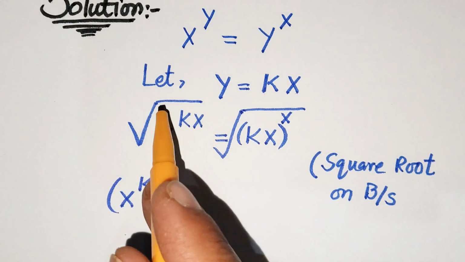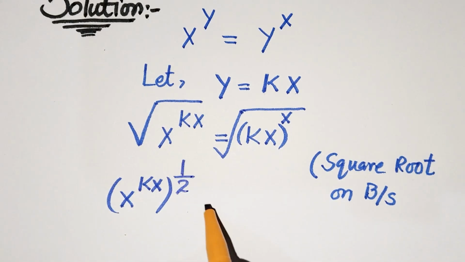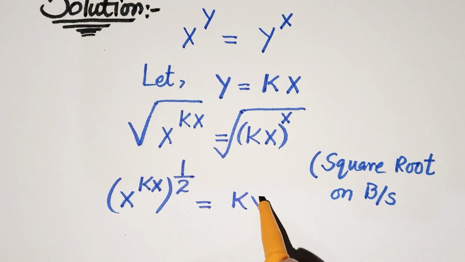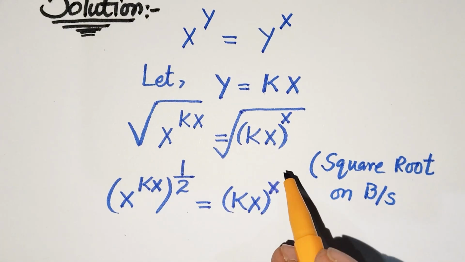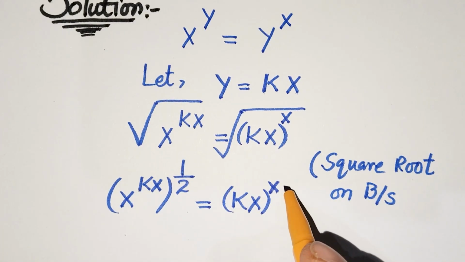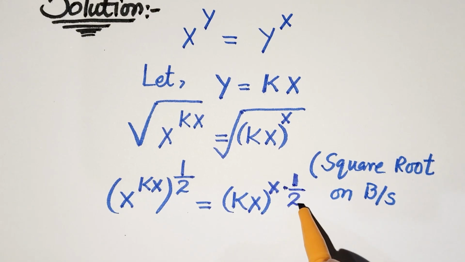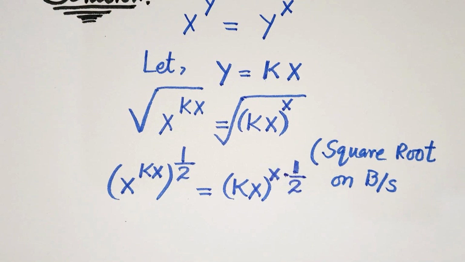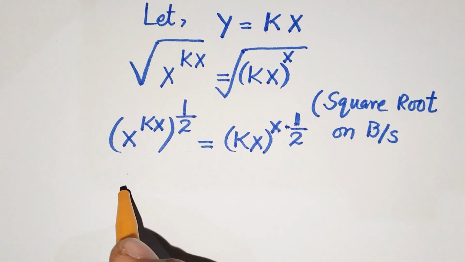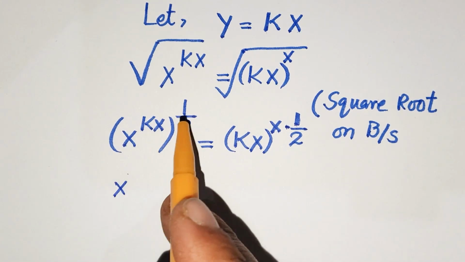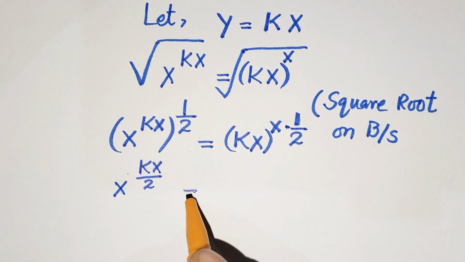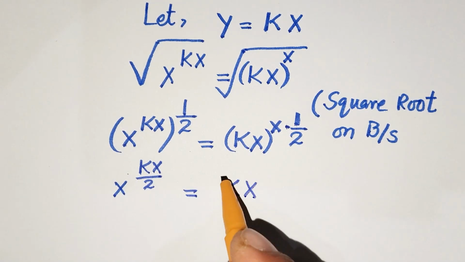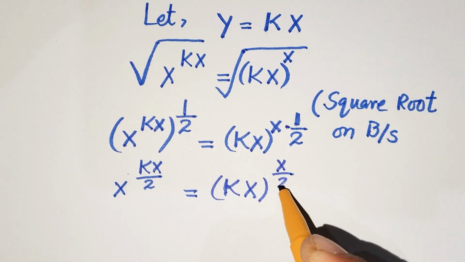We know that the value of this square root is 1 over 2, so we multiply this 1 over 2 here. Now x raised to power kx multiplied by 1 over 2 gives kx over 2, is equal to, similarly, k times x whole raised to power x over 2.